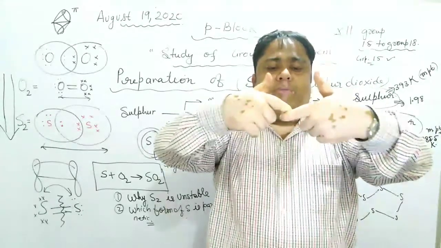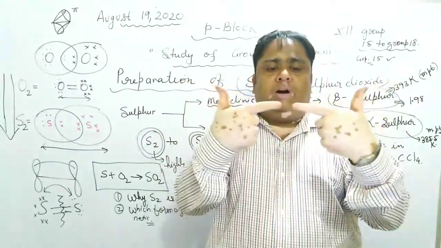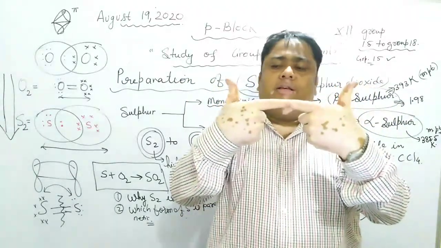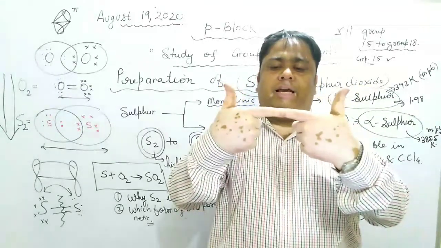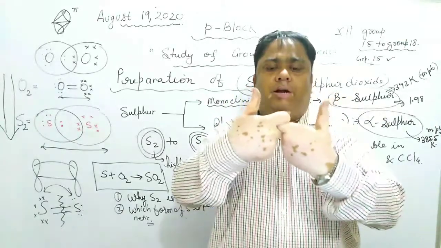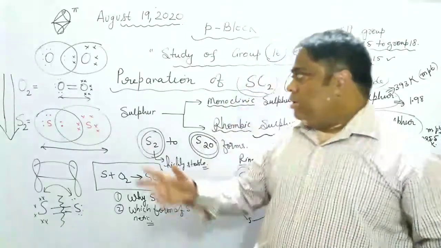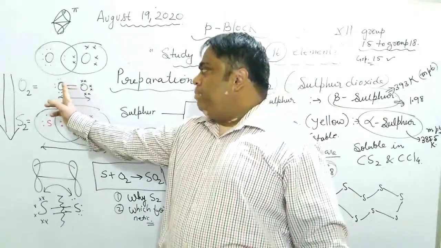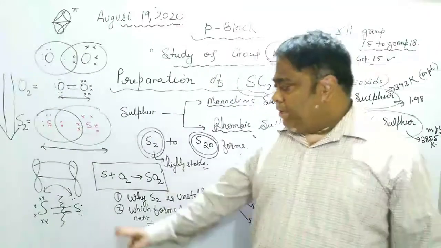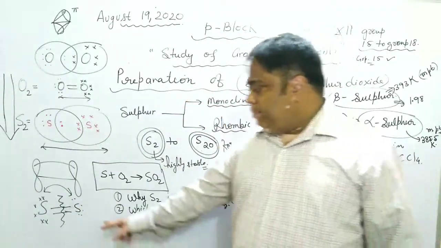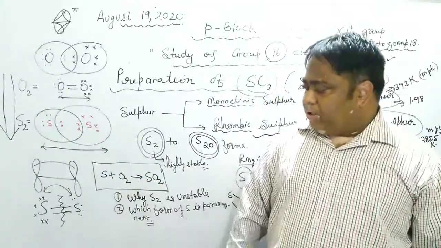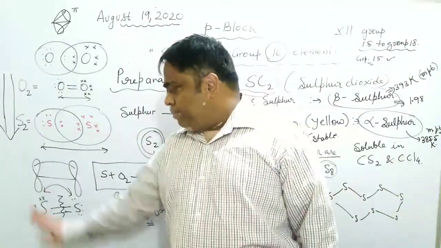But if the atom is very big, and the overlapping of p orbitals is only this much, then their py and py will also be far apart. They cannot come closer. But if the atom is small, their overlapping will be strong and they can come closer. So the oxygen atom is small, so their p orbitals can come closer and form a strong pi bond. But in case of sulfur, they are bigger atoms, so lateral overlapping is not strong. On top of that, interelectronic repulsion is also appreciable.